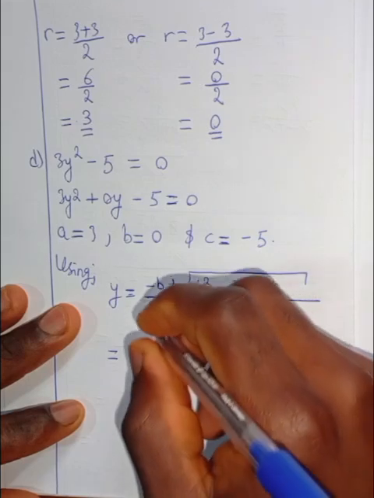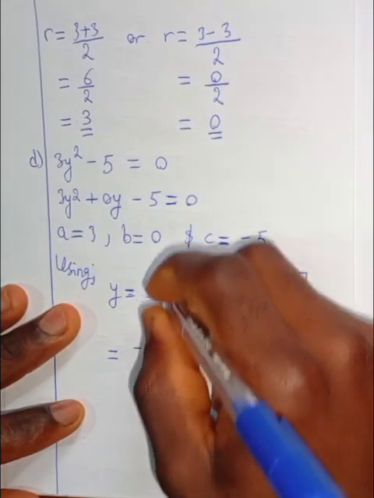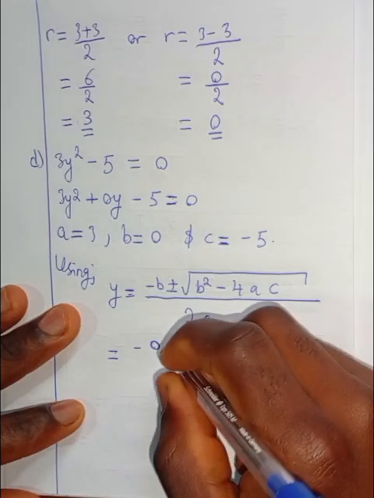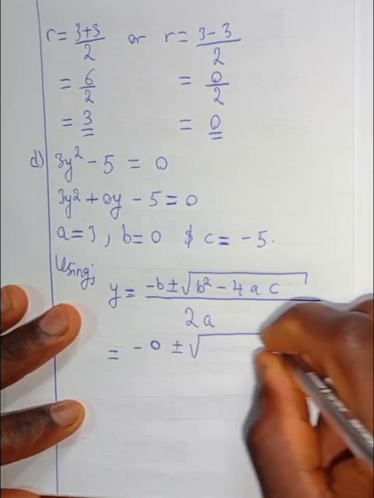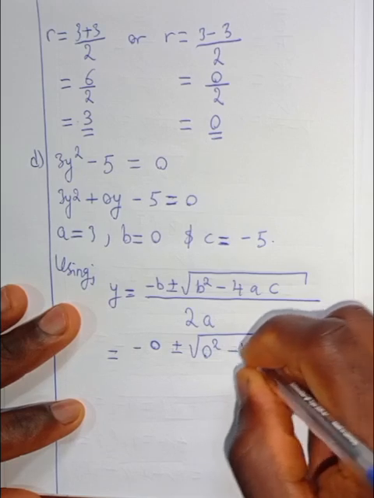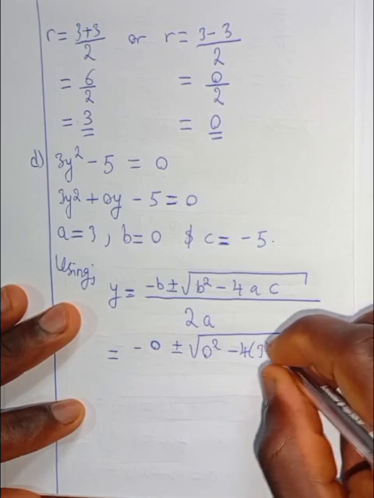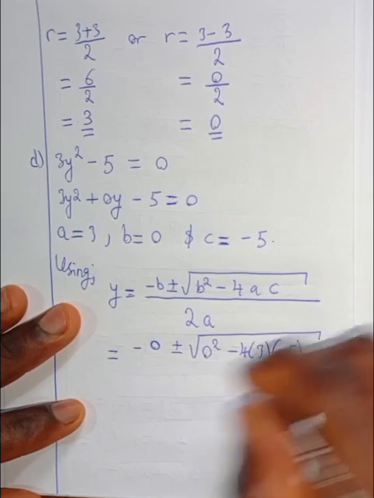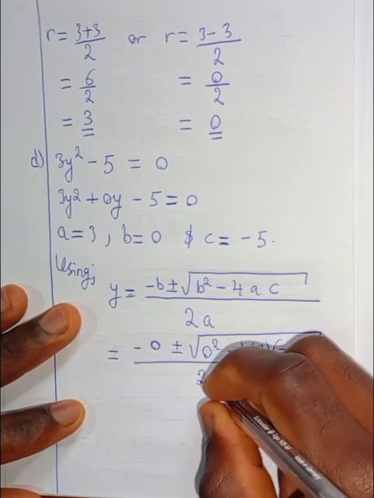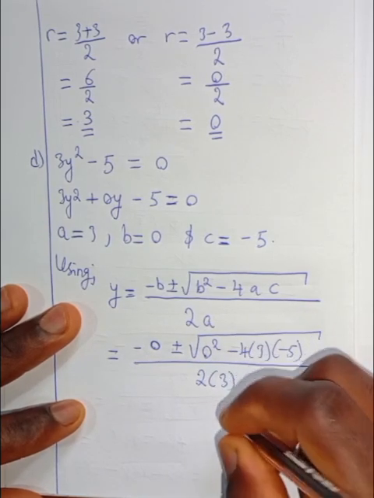This will simply be equal to negative 0 plus or minus the square root of 0 squared minus 4 times a, which is 3, times c, negative 5. We divide all this by 2a, 2 times 3.